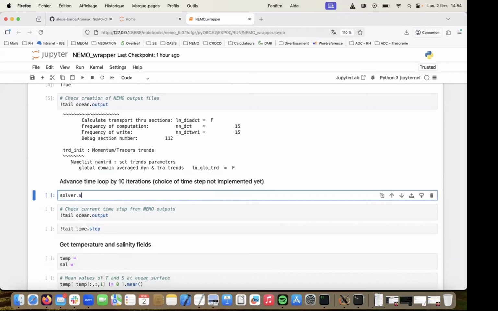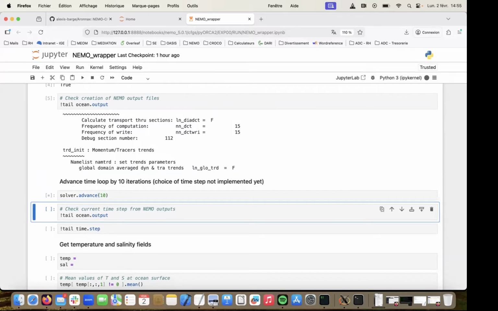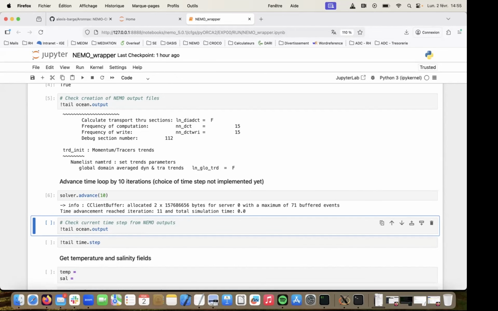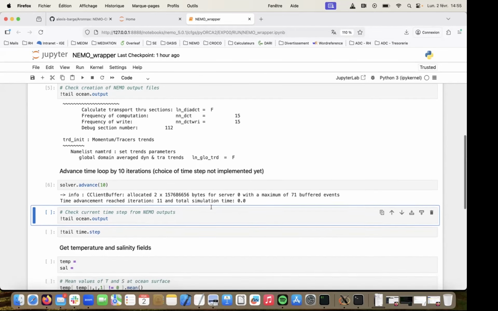We will start by asking it to advance in time by 10 iterations. The time step is fixed, specified from the namelist. At the beginning, I wished to impose it directly from the Python wrapper, but I'm not sure how NEMO will respond if the time step changes during the same execution.